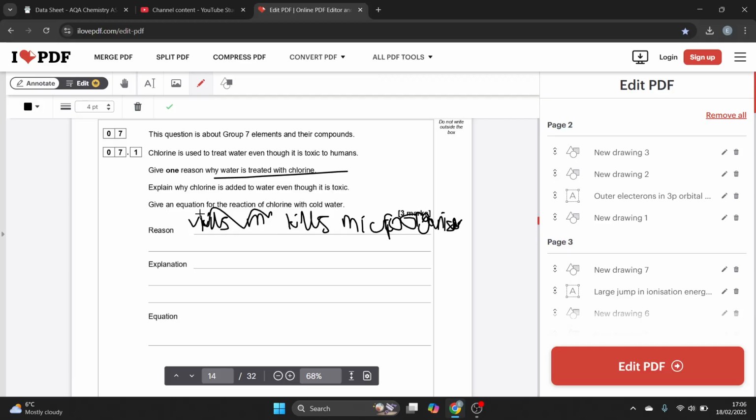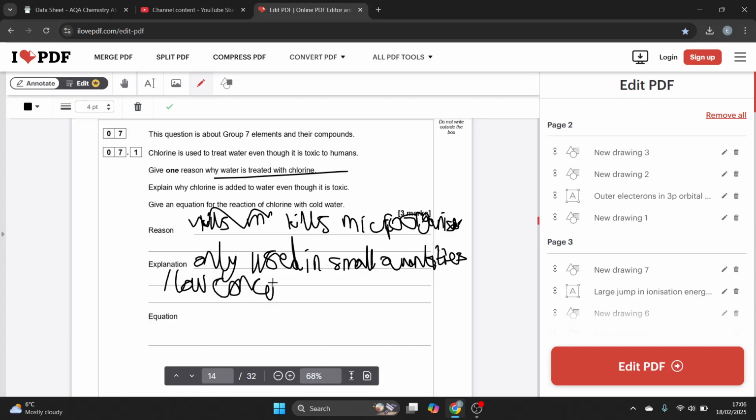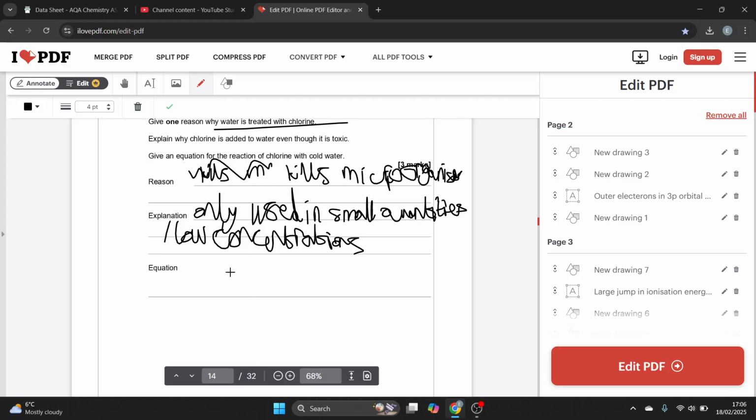It's only used in small quantities, low concentrations. Kills microorganisms. It's only used in small quantities / low concentration.